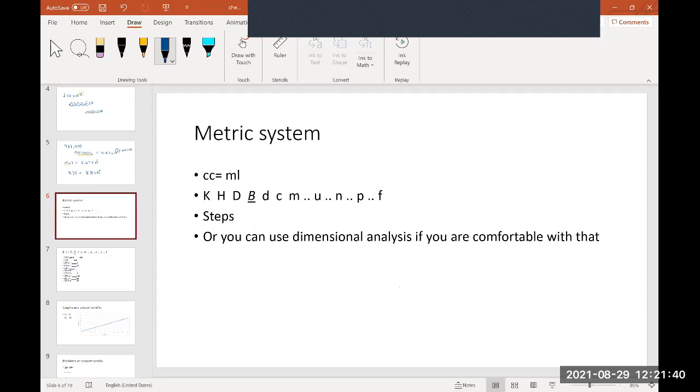Now we move on to the metric system. First of all, some of the problems in your lab manual ask you to convert from CC into some other unit value. Many of you might know that a CC stands for a cubic centimeter.